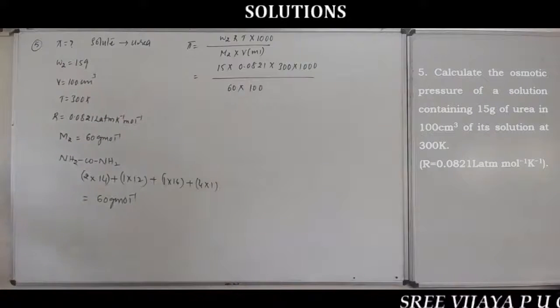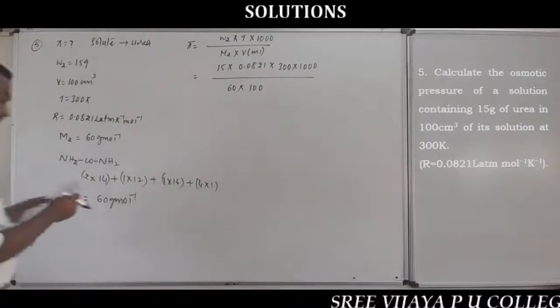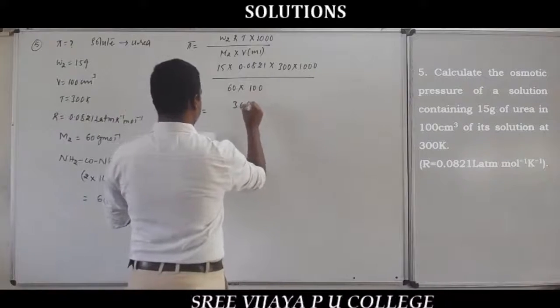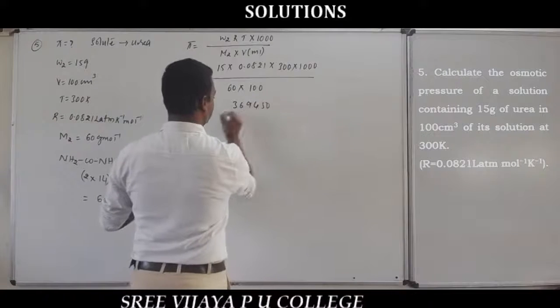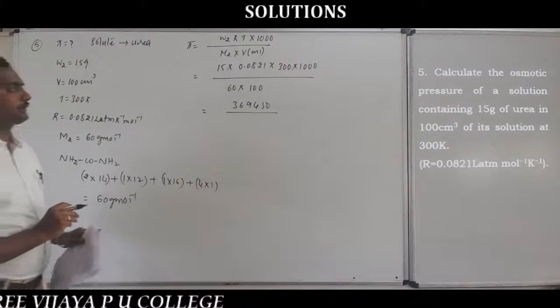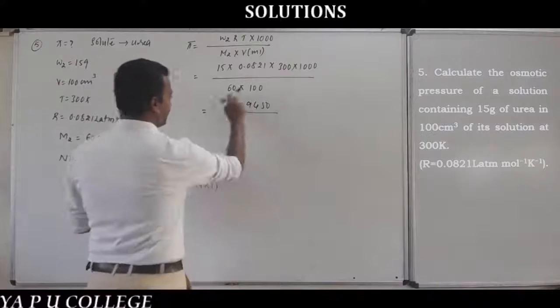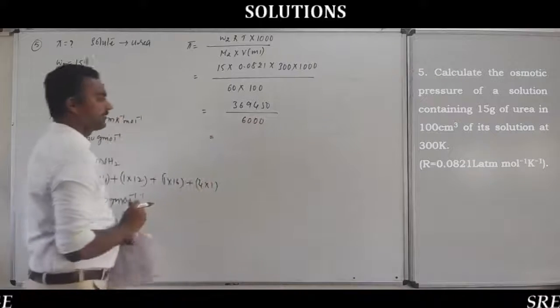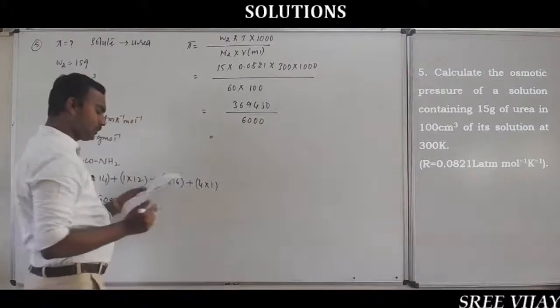When you calculate this, the numerator we get is 369,450, after multiplication of 15, 0.0821, 300 and 1000, and 60 into 100 is 6000. So that is equal to 369,450 divided by 6000. What do you get?